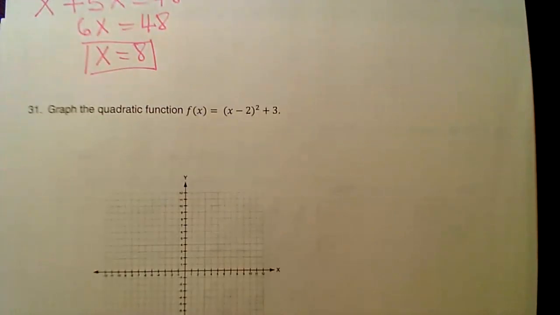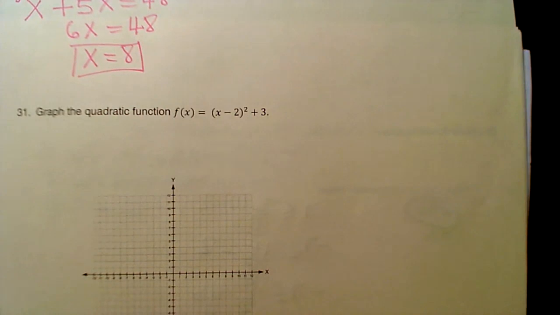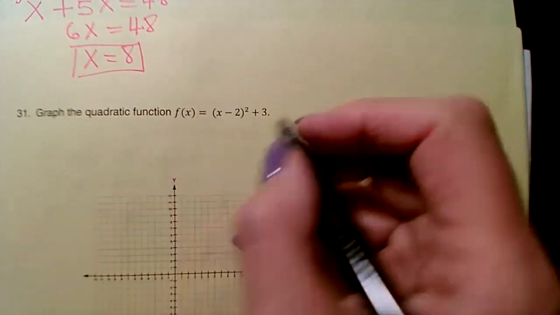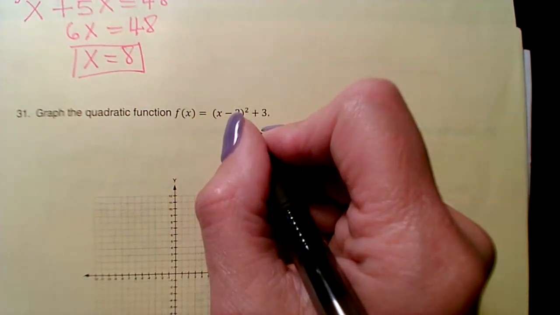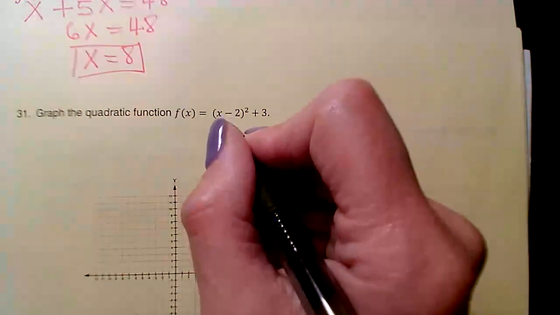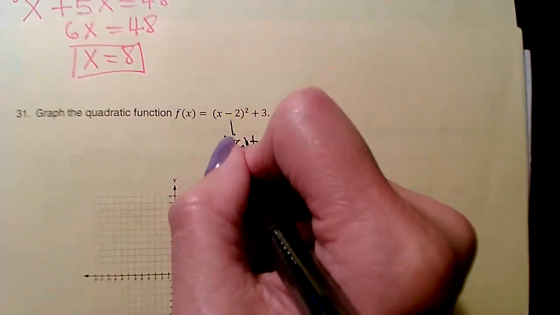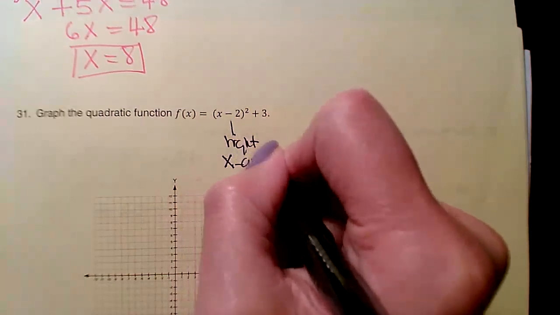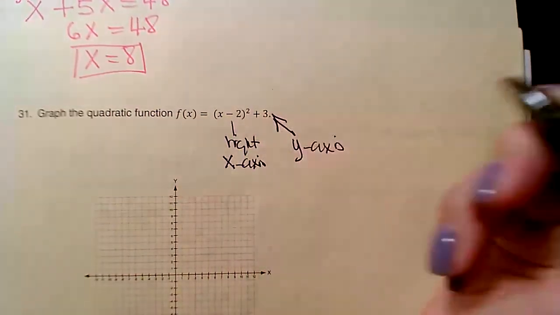Now, here it says, if you guys recall this, when it's negative, we're going to the right. We need to go to the opposite side. So we're going to the right here. And this is going to be in the x-axis, and this is going to be in the y-axis.